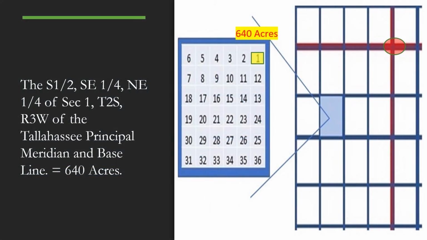Section 1, T2S R3W of the Tallahassee Principal Meridian and Baseline equals 640 acres.